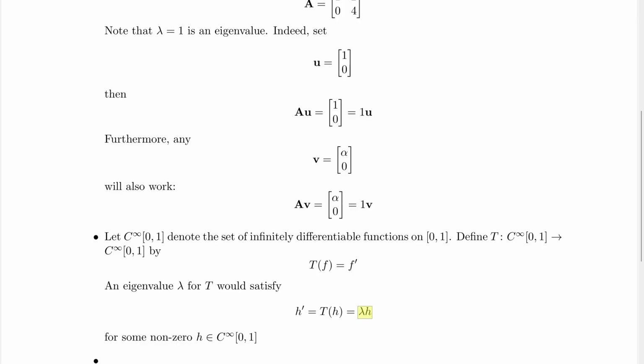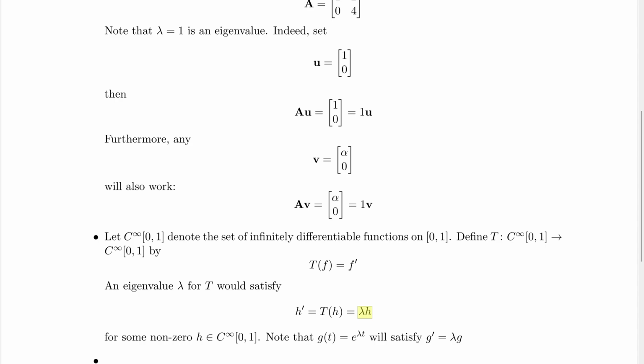So note, if we were then to define the function, let's use g here so we're not overloading, the function g, that's just e to the lambda t. Take its derivative. By chain rule, the lambda jumps out, but then you still have e to the lambda t, so this satisfies it.